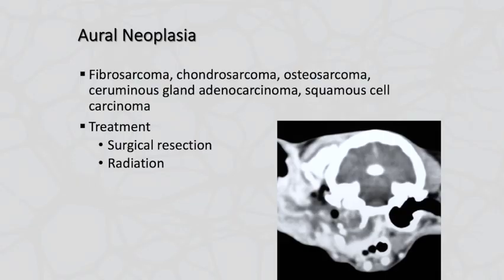Treatment is usually not great in these circumstances. Combining surgery plus radiation therapy is probably the best option to try to get some degree of a decent long-term prognosis, but it's rare that the vestibular signs reverse, so we usually have to manage the clinical signs of nausea and dizziness in these patients long-term.